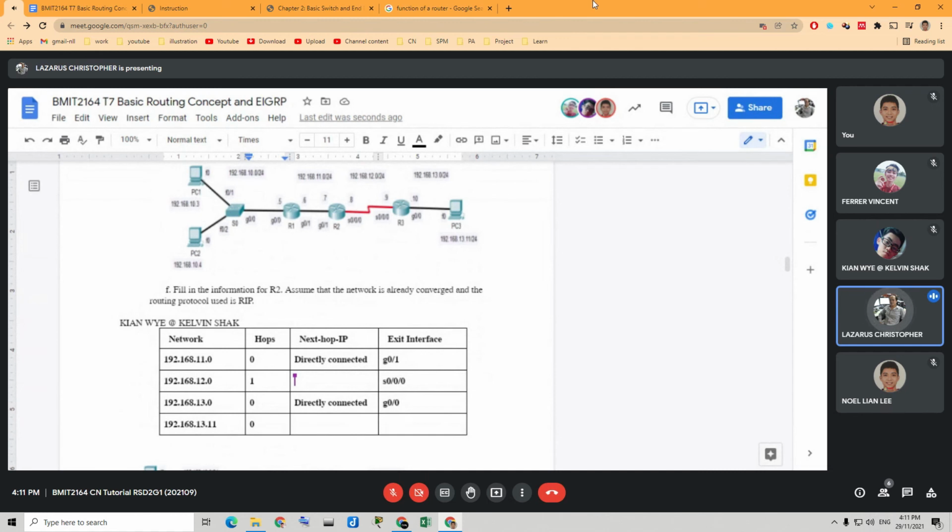So from router 2 to 11, directly connected, correct? And 12 and 11 is directly connected. And 13 now, 12, 13.